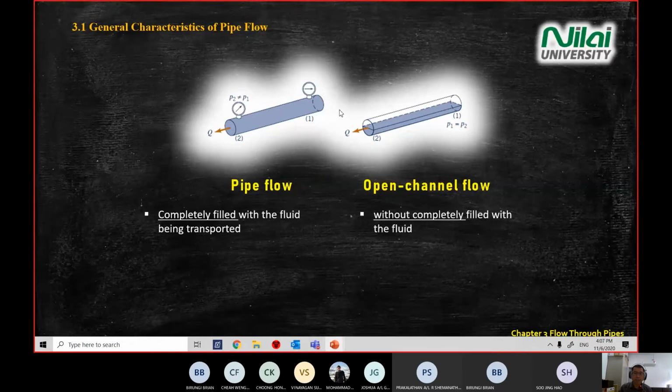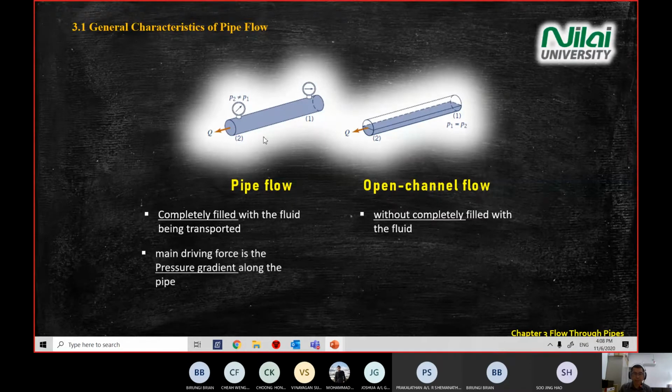So these are the two main characteristics that differentiate both of them. And then the mechanism also. The mechanism for a pipe system is due to the change of pressure. Because of the pressure from one point to another point, the flow will flow.